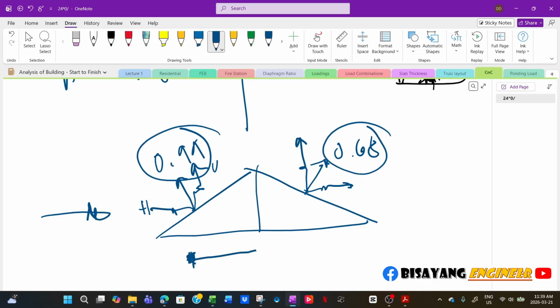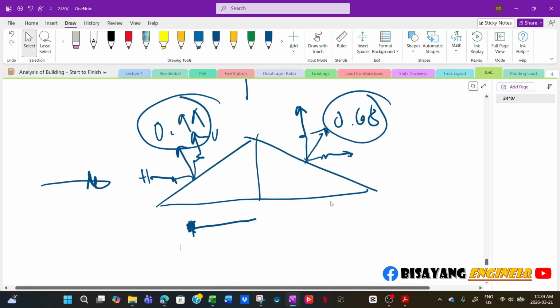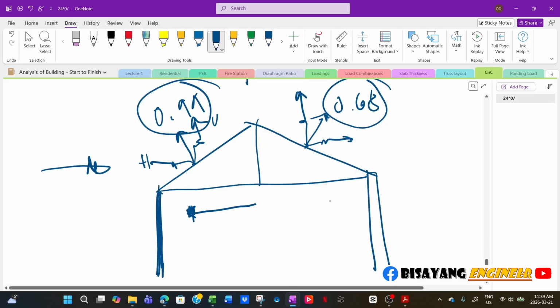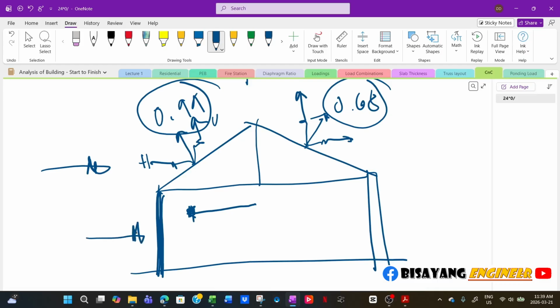But the problem now is, if you design the forces here and consider the wall, this will be acting in this direction, and this is also acting in this direction.